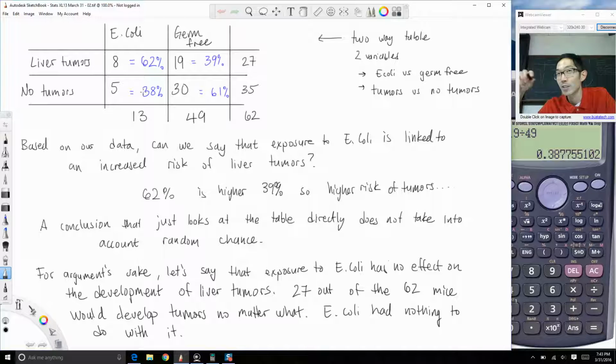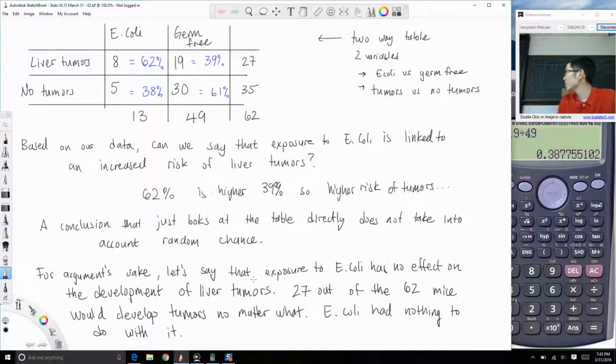Rather, it would be an indication that maybe E. coli is linked to liver tumors. On the other hand, if it turns out this kind of result happens from random chance alone quite a bit, then we would say, well, maybe the results we got could have been a result of random chance.